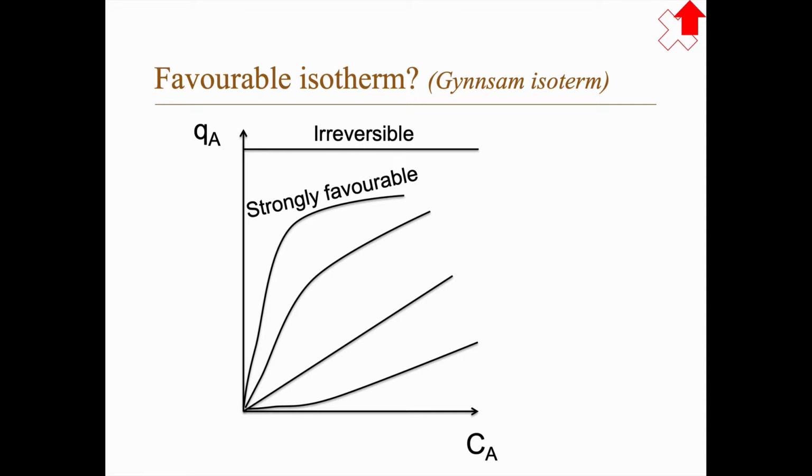You could say that you get unproportionally much adsorbed at low concentration compared to high concentrations. You have the linear here in the middle, so just straight on, QA equals K times CA. And then down here you have unfavorable ones. So at low concentrations, nothing much happens. And that's not what we want to have, because we want to take as much as possible away from the solution. So we want a lot to happen at low concentrations.